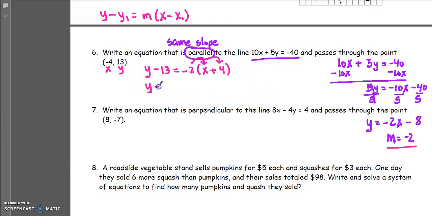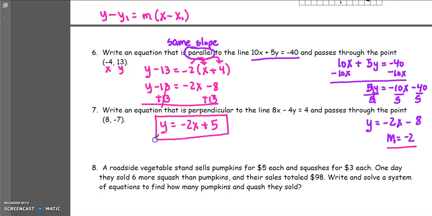So we have y minus 13 equals -2x minus 8. Add my 13 to both sides. That gets rid of that. And now we have y equals -2x. And then -8 plus 13 is going to give me a positive 5. So here's my final answer for number 6.